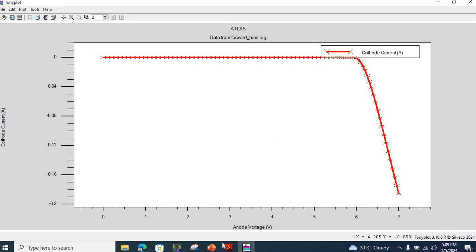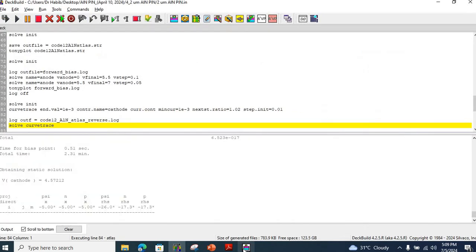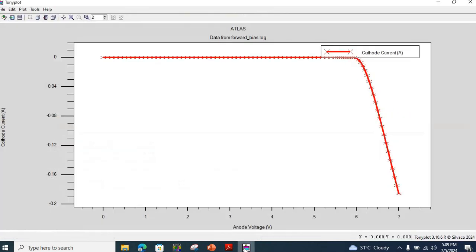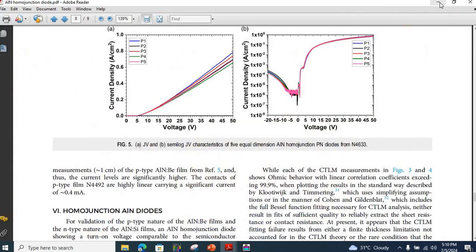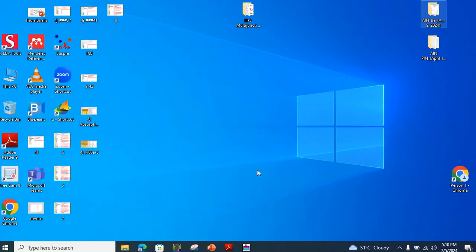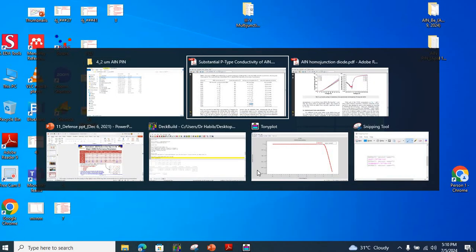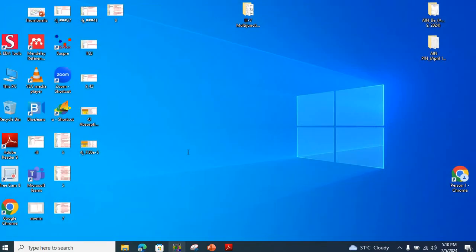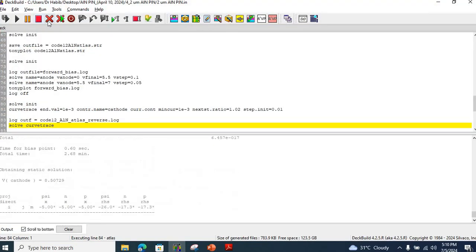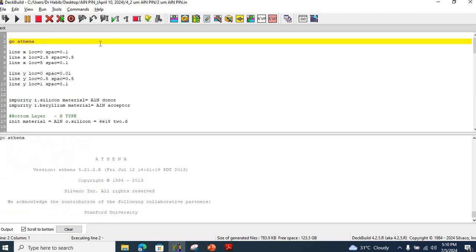Here is the IV characteristic under forward bias. So if some sort of technical error came, that's why I'm going to run the simulation once again.